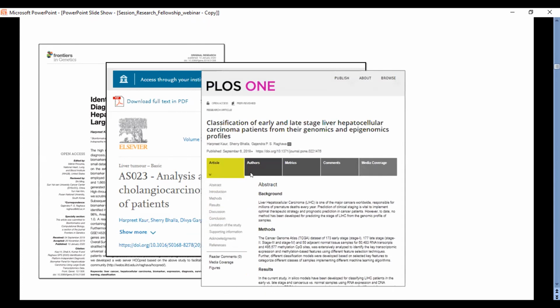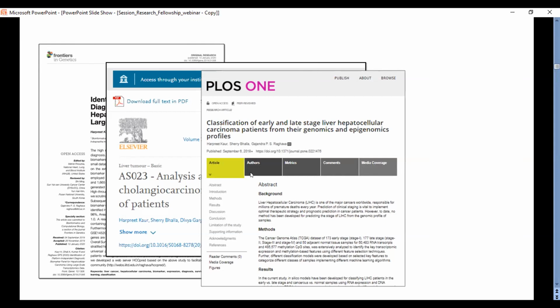In the next part, we focused on the prognosis of liver cancer patients. In this project, we used transcriptomics and methylation data of hepatocellular carcinoma to identify a biomarker panel that can classify early and late stages of liver cancer.